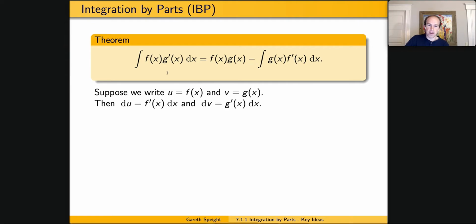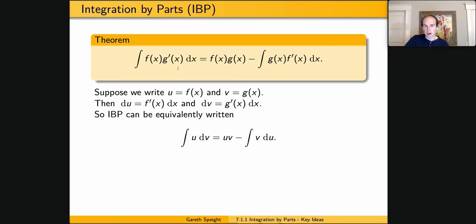And then we could just rewrite these formulas with u and du and v and dv. So f becomes u, g prime times dx becomes dv, so we get u dv. f times g becomes uv, g becomes v, f prime of x times dx becomes du. So it's equivalent to write the formula as the integral of u dv equals uv minus the integral of v du. But I'm probably not going to think about it that way.